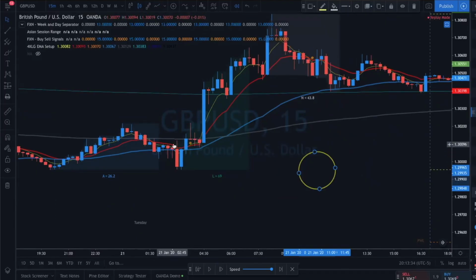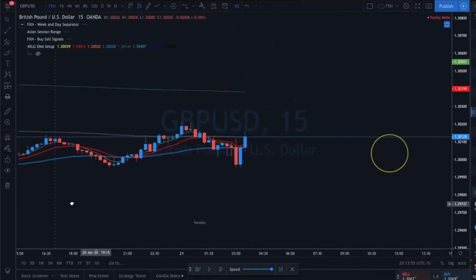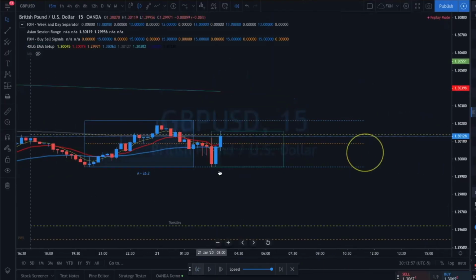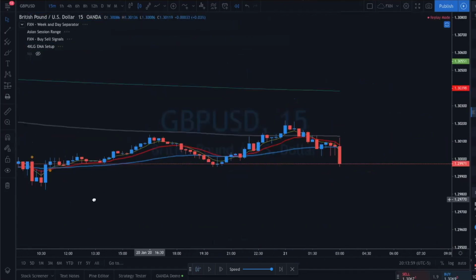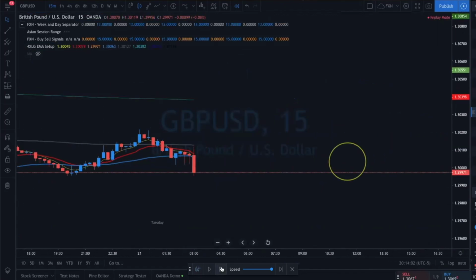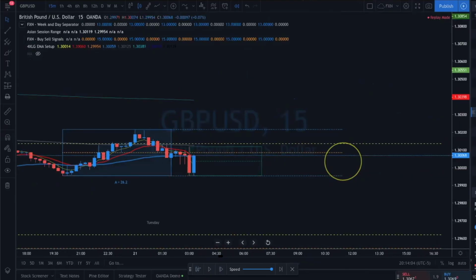Sorry, I don't mean to cut you off, but basically what you're saying is with this technique, as soon as the cross happens, that's when you get in? That's what you're saying with the new thing? No, I'm saying with this new one, you're basically doing this. Let's say we're right here.